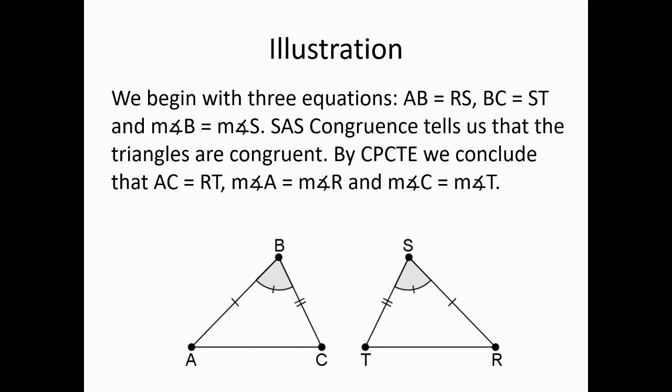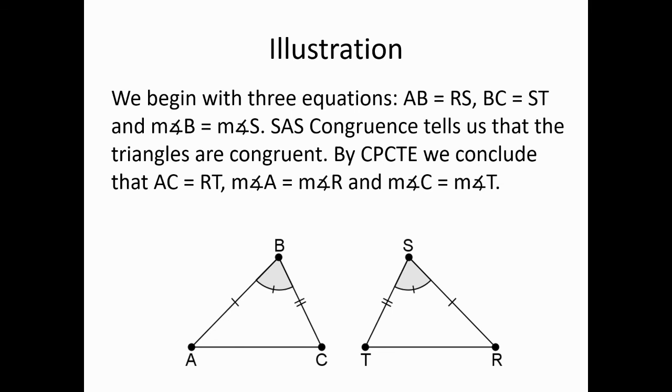So what SAS congruence gets us is 3 equations that we did not have before. So it introduces quite a bit of new information, and we'll find that extremely helpful when we put together our proofs. Indeed, this is one of the fundamental postulates of the entire class, the entire mathematical system that we will put together. It does so much work for us.